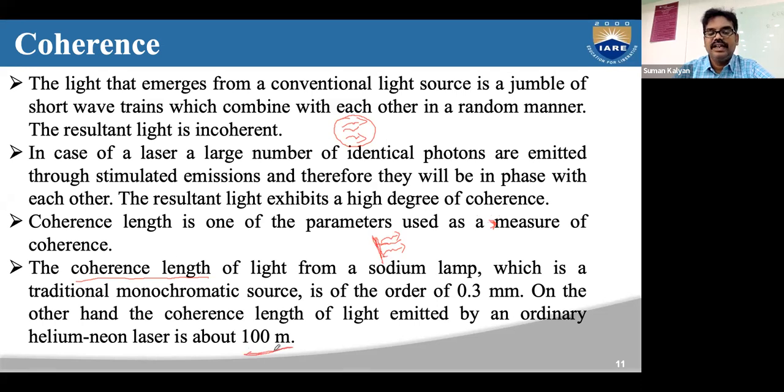A laser has a coherence length of 100 meters, whereas an ordinary monochromatic source has a coherence length on the order of 0.3 millimeters. That is the coherence length. That's why we say that laser light is so coherent.